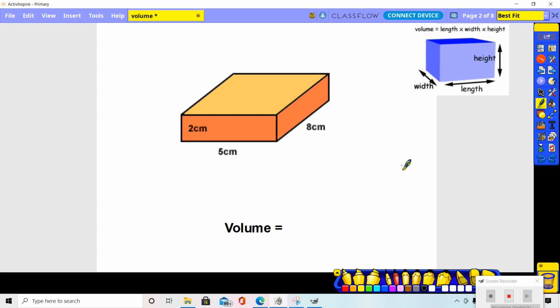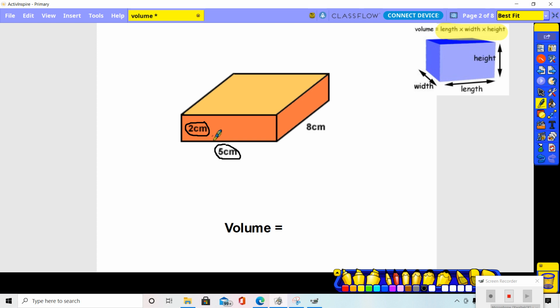Let's try one more together. This time, there are no squares on our 3D shape, but we have been given the three measurements. So remember, to find the volume, we simply times together the length, the width, and the height. We can multiply in any order we like. I'm going to begin by multiplying 5 centimeters and 2 centimeters.